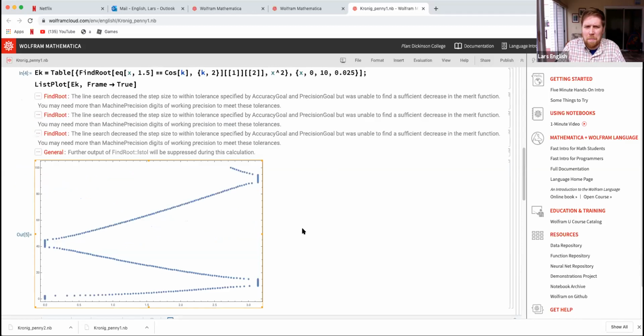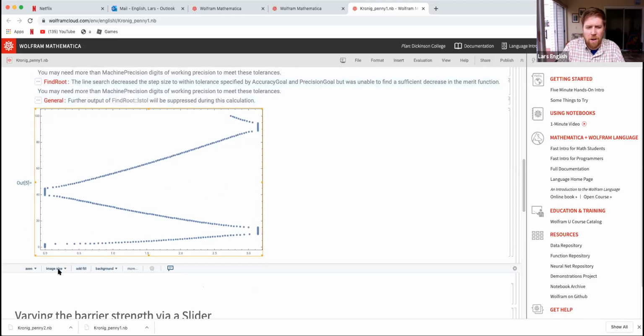Each point here is one find root command. So far, so good. And you see that we're not getting any solutions, then we're getting a whole bunch of solutions, then we're not getting any solutions. Then here's another branch. No solutions. Here's another branch of solutions, no solutions. Here's another branch.